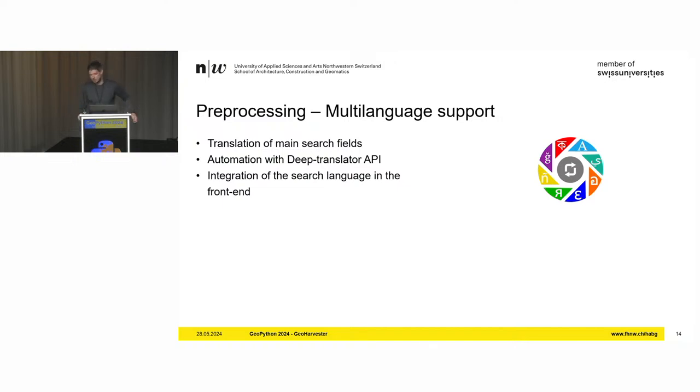But of course, we also want English. So we implemented 4 languages. We use, of course, the Deep Translator API to automate everything, because it was a lot of entries to do manually. Sometimes the results are quite good, sometimes they are not that good.